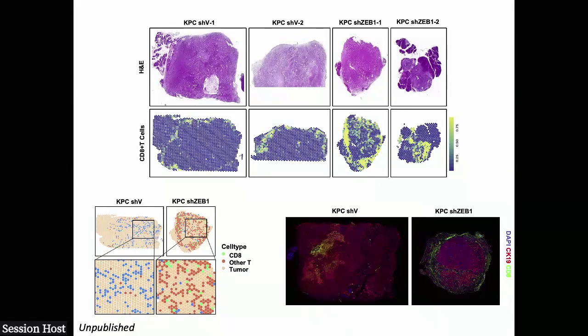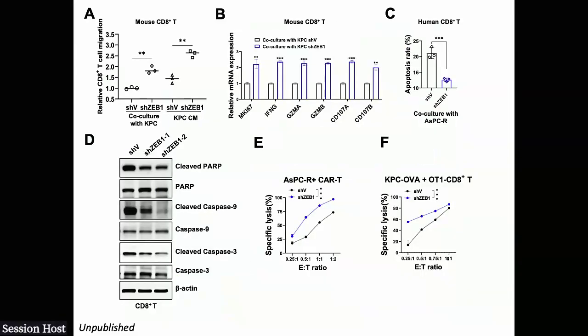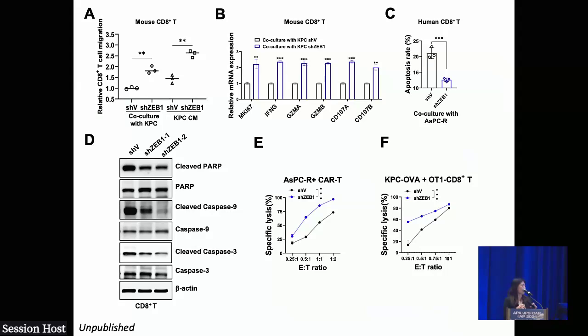So that means knockdown of ZEP1 significantly activates the tumor immune microenvironment by increasing GZMA positive CD8 T cell infiltration. And next, we did some functional study. We found knocking down ZEP1 significantly increased CD8 T cell recruitment, activated the CD8 T cells, and decreased CD8 T cell apoptosis. And we verified the findings with Western blot.